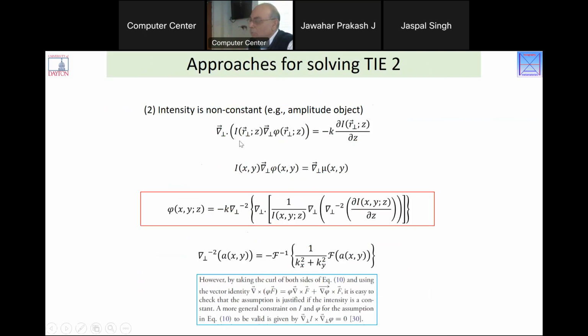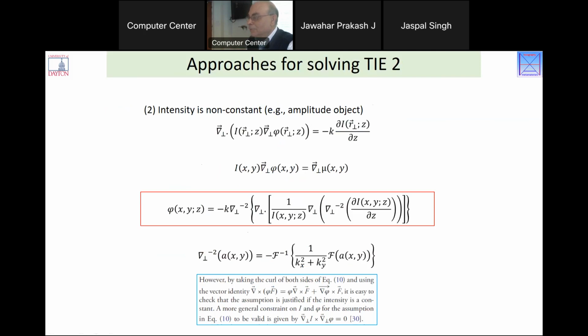Since I have something like this here, which is a function of space R and Z, why don't I define a new function which they called mu, as you see here. The new function is mu, such that the gradient of mu equals this whole thing.